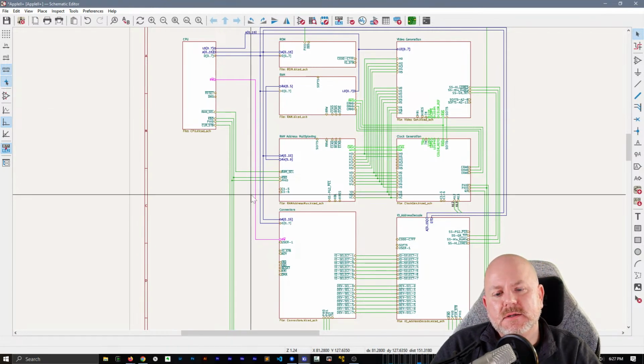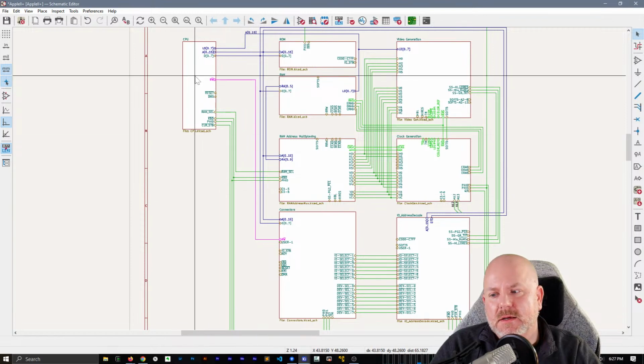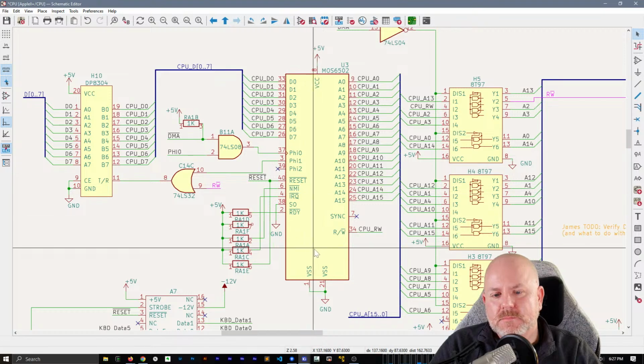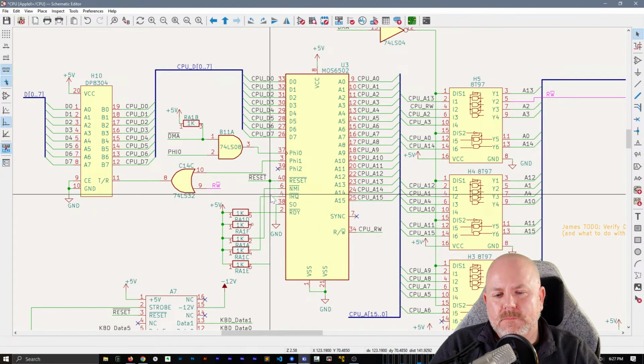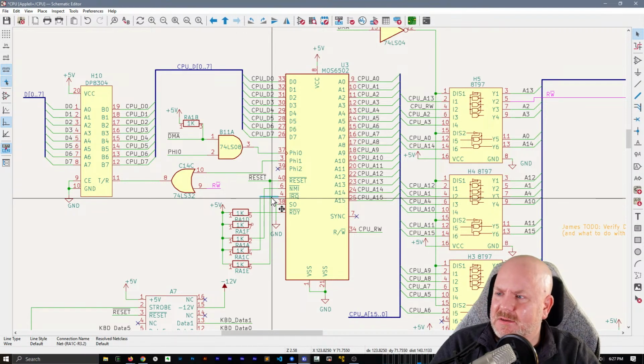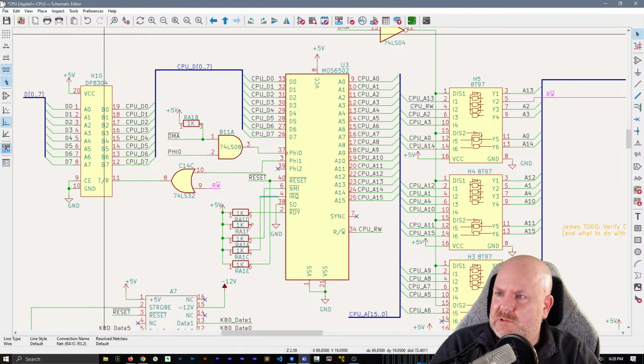What? No way. No way. Does the 2+ not use the IRQ line? Huh.